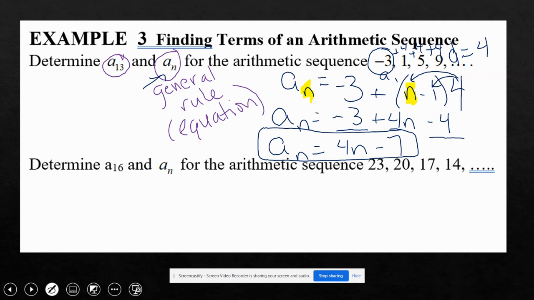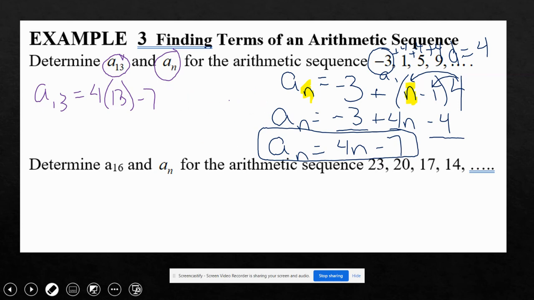Now that we know this, we can find our 13th term. So we say a sub 13 is equal to 4 times 13 minus 7. I'm going to use that new rule that we just made to find this.